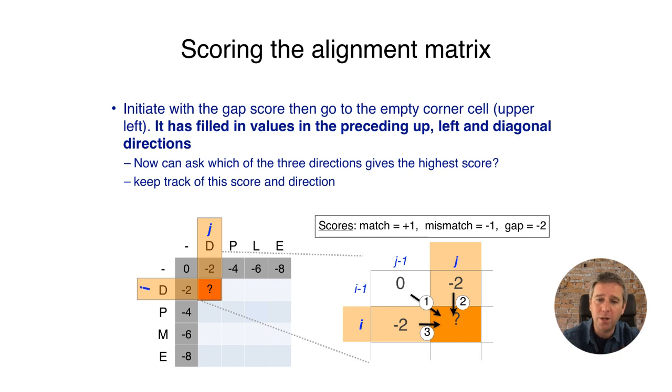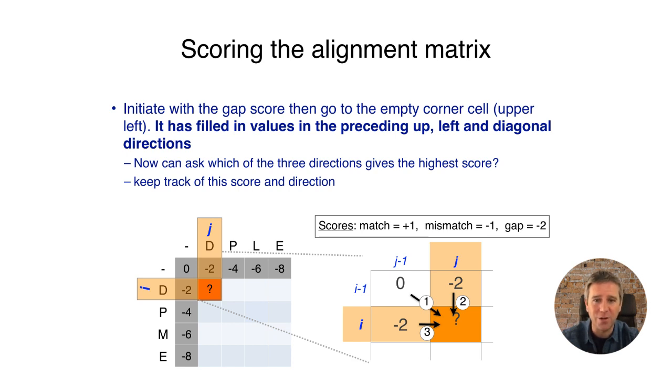So we're going to go across that first row and we'll use whatever that gap penalty is, or gap score, and it's -2 in this case, as it is in the one in our lab sheet. And we're going to say -2, -4, plus -2 is -6, plus -2 is -8, and we fill in those initial rows and columns. And then the fun starts.